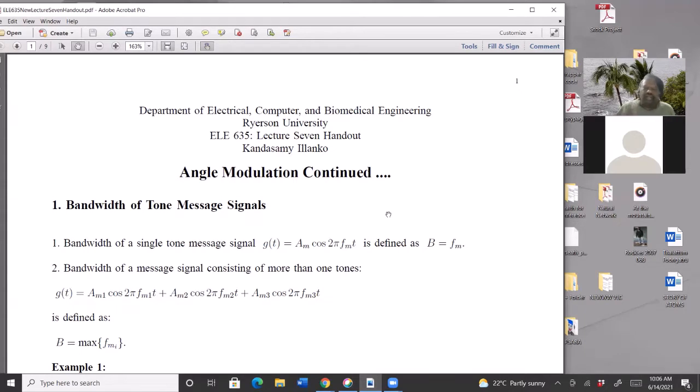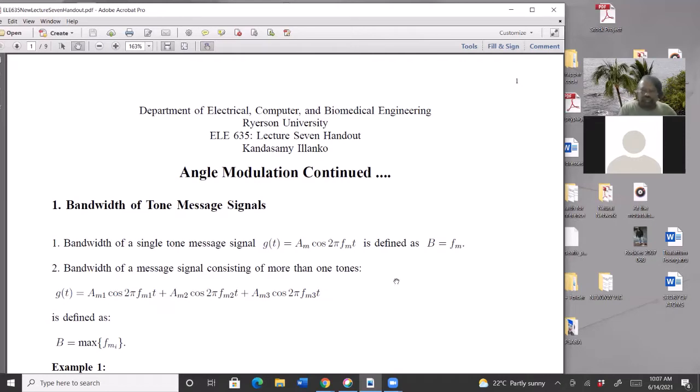So if you have only one tone message signal of frequency f sub m, we define the bandwidth as f sub m, even though it is one spike at negative f_m and plus f_m in the spectrum. We consider the bandwidth as f sub m, because we have to make this type of definition in order to calculate the bandwidth of the frequency modulated signal.